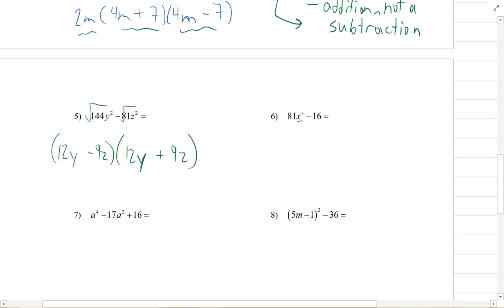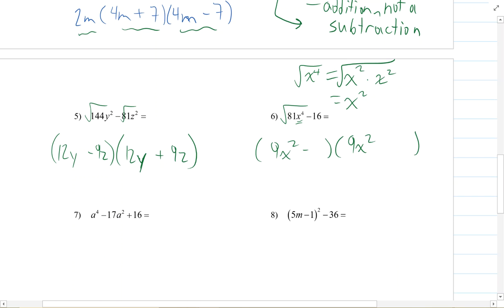Next, you have an x to the fourth part. So what's the square root of that? Well, x squared times x squared equals x to the fourth, so the square root simply equals x squared. Okay, so I would get 9x squared minus 4, 9x squared plus 4.